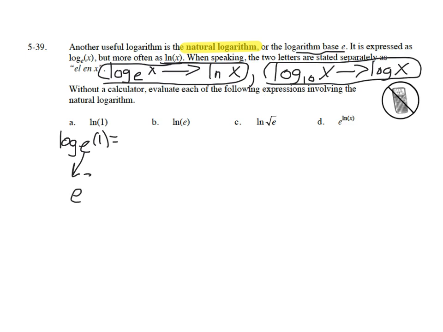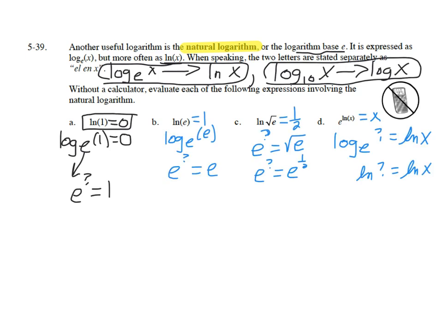So E to some power has to equal 1. And anything to the 0 power gives us 1. So my exponent has to be 0. Now what I'd like you to do is pause this, try B, C, and D, and then come back and check your answers. Okay, welcome back.